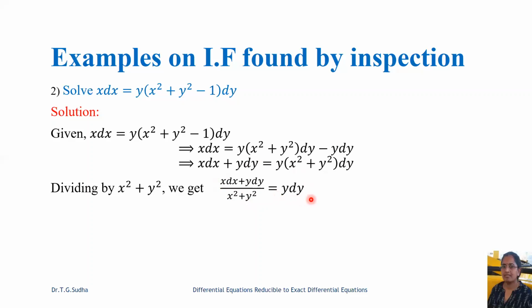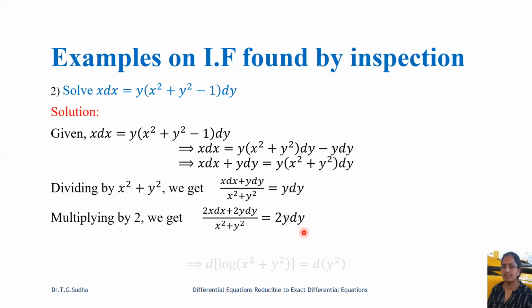dy. Now let us write the left hand side as 2x dx plus 2y dy divided by x square plus y square by multiplying by 2. Similarly, let us multiply by 2 on the right hand side to get 2y dy.